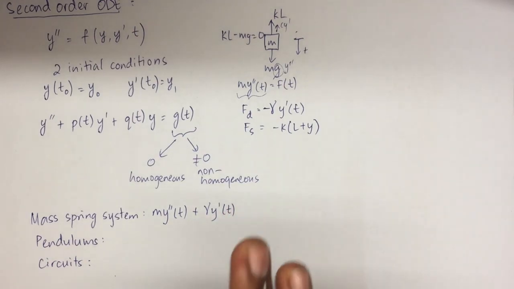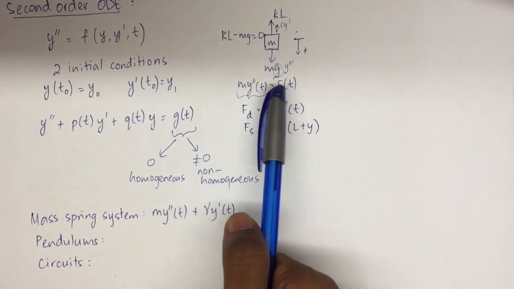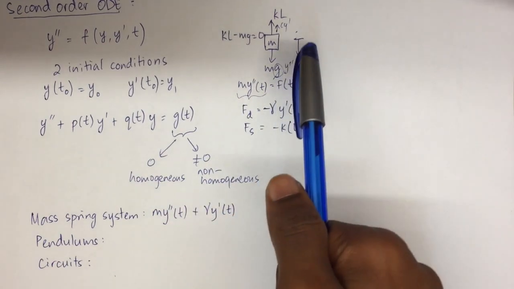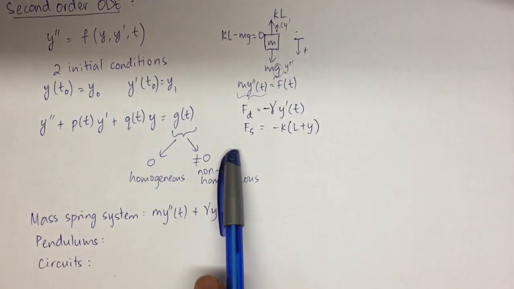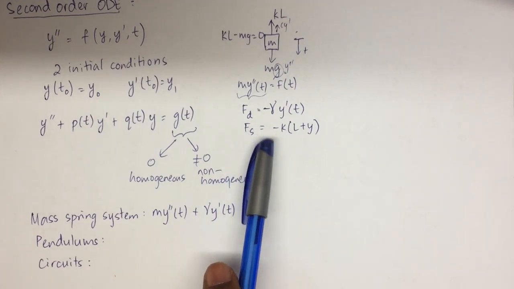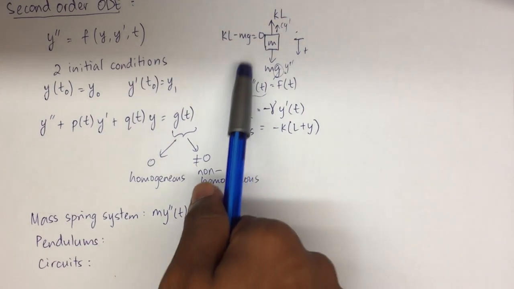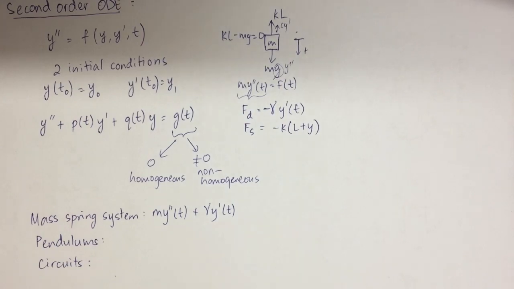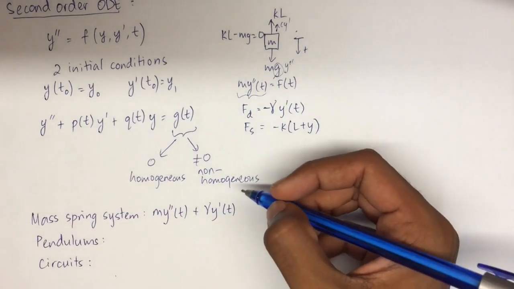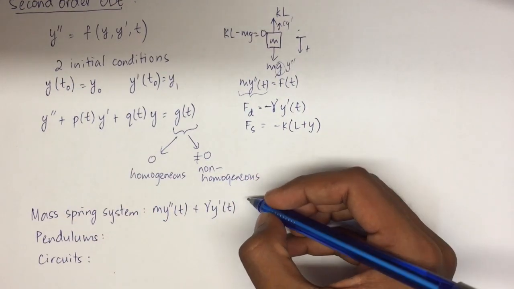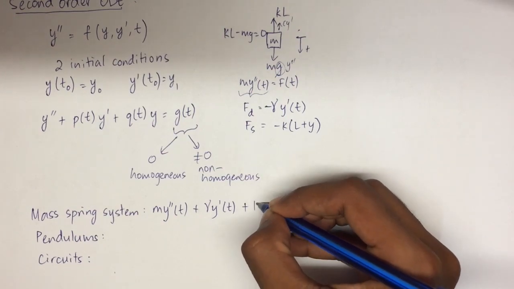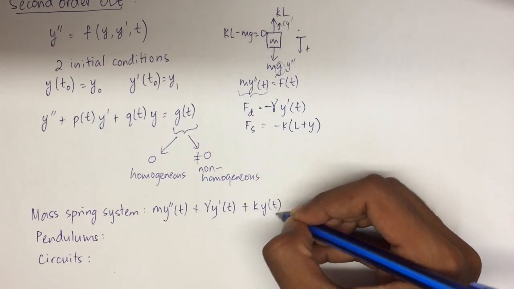My spring force was also on the other side, so it's basically f of t, plus the damping force, plus my spring force. I'm bringing everything to the same side: my double prime of t plus gamma y prime of t plus k y of t.